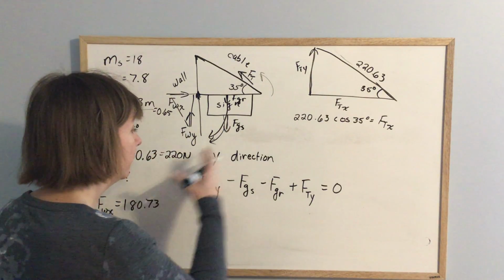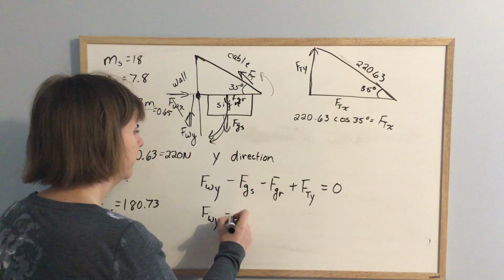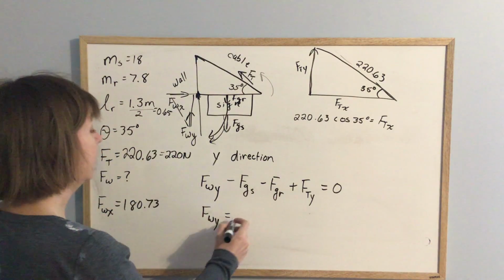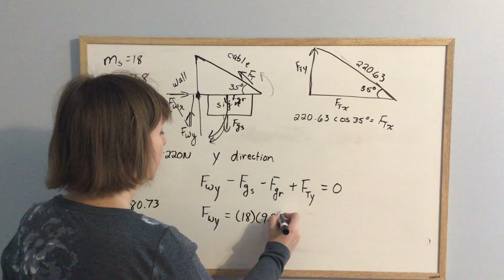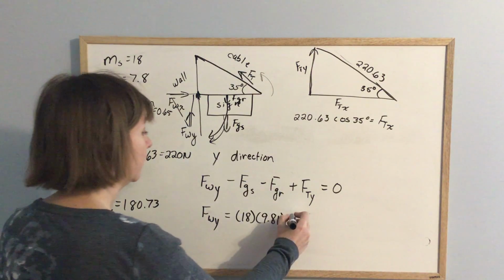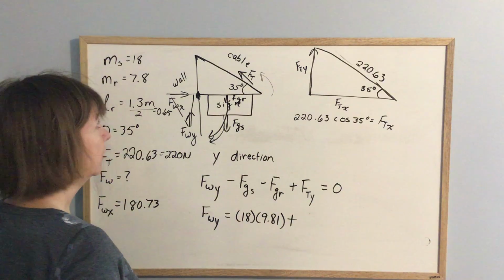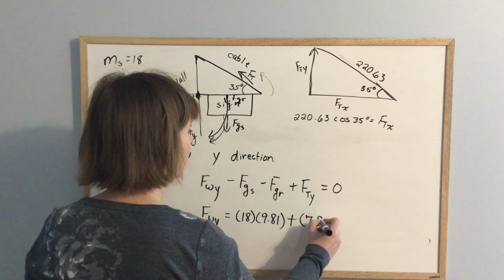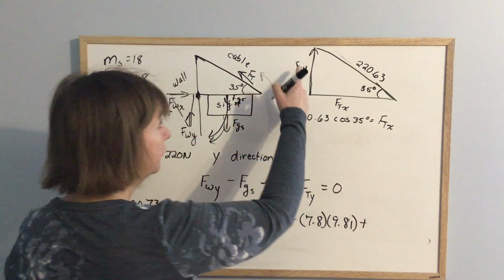So if I move everything over to the other side, except for what I want to know, force of gravity on the sign would be the mass of the sign, which is 18, times 9.81. It's now positive because I've moved it over to the other side of the equals. So force of gravity on the rod is going to be 7.8, because that's the mass of the rod, times 9.81, plus Ft(y).